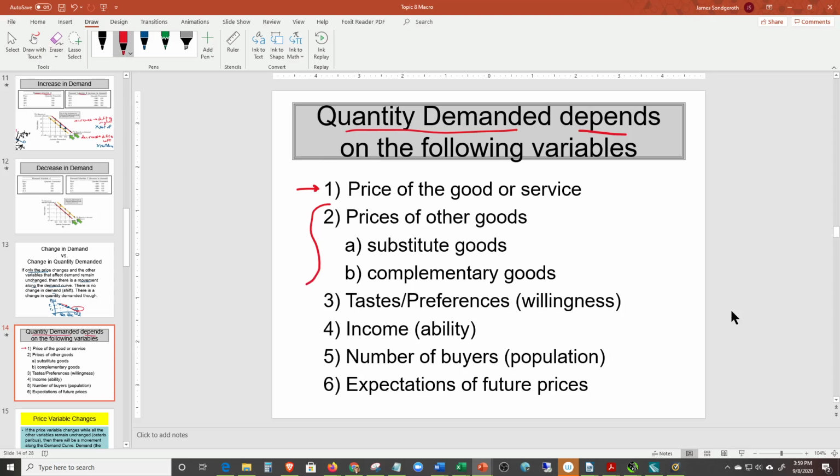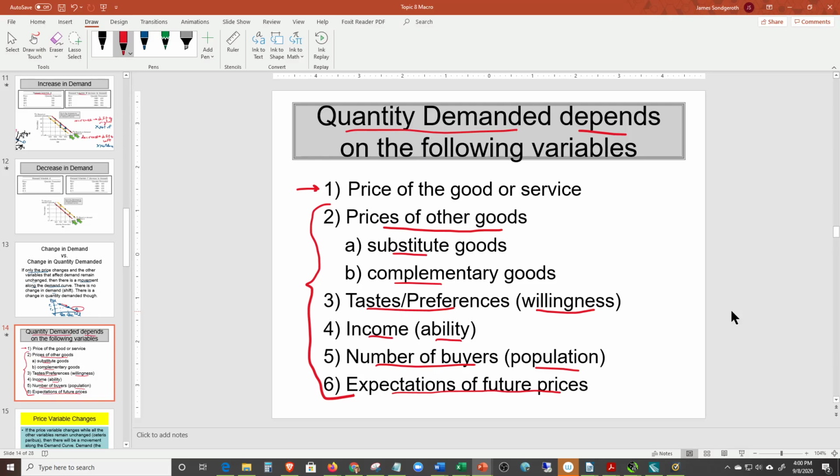Then here are all the variables that we're holding constant, the ceteris paribus variables: the prices of other goods, substitute goods, complementary goods, also taste and preferences, willingness, which I had spoken of before, income, ability, number of buyers in the market or population, and the expectations of future prices or availability, even, we could say, of the good. These are the other variables we're holding constant.